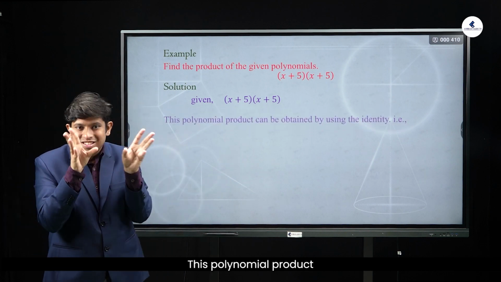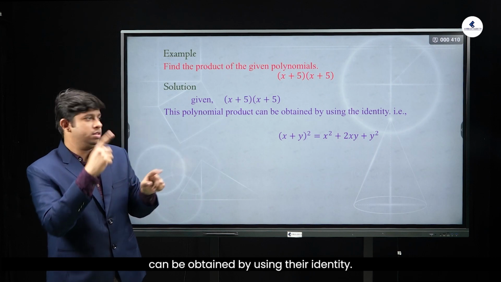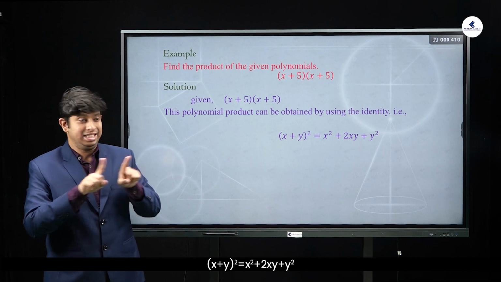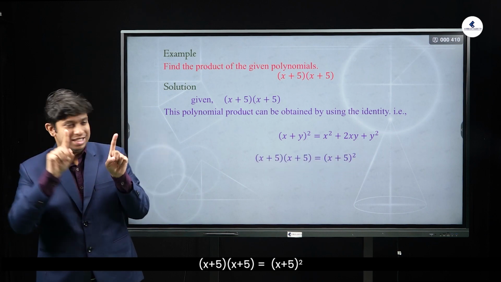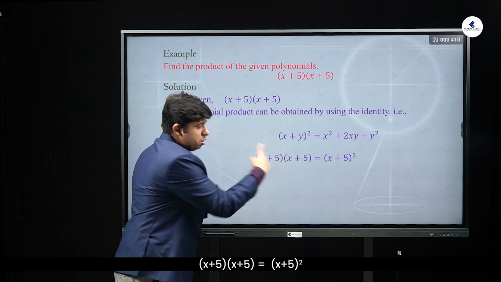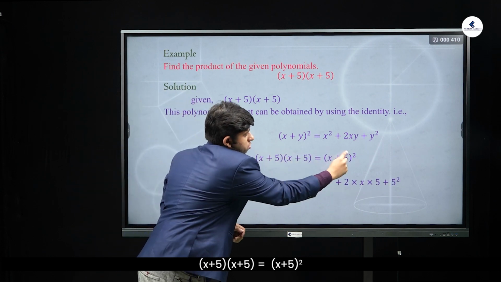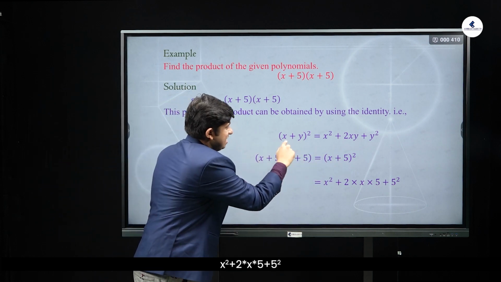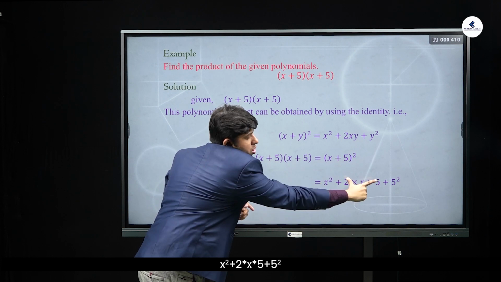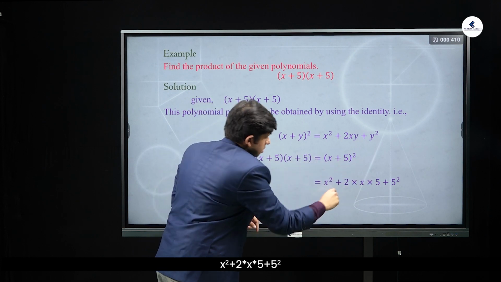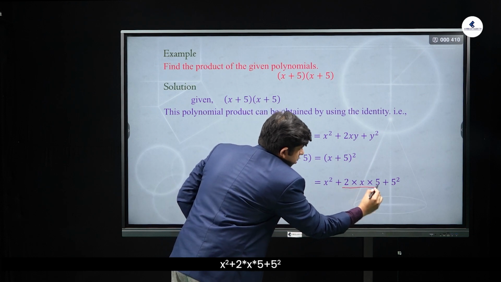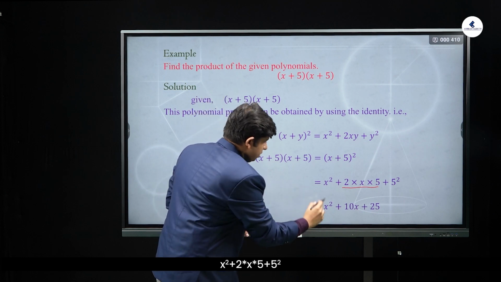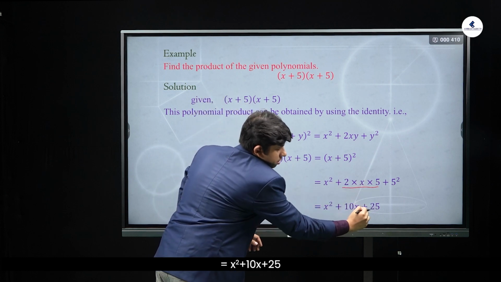This polynomial product can be obtained by using the identity x plus y whole square is equal to x square plus 2xy plus y square. x plus 5 into x plus 5 is equal to x plus 5 whole square, which is equal to x square plus 2 into x into 5 plus 5 square, which is equal to x square plus 10x plus 25.